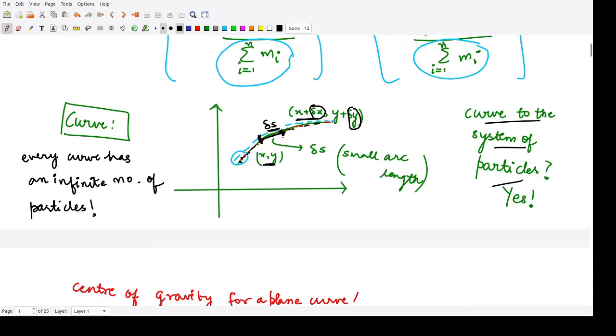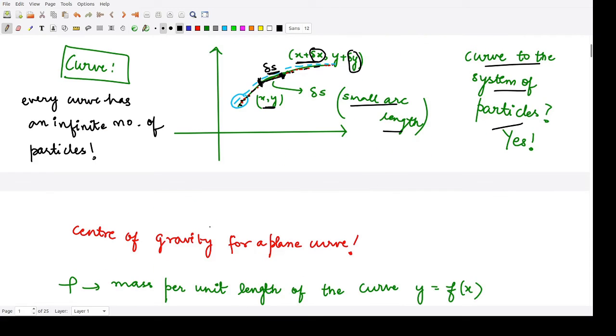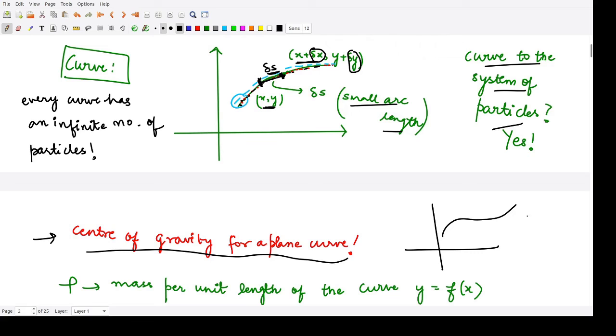So these are the two points, and delta s is the small arc length. Next, to calculate the center of gravity for a plane curve, because the curve has different nature at different coordinates, its mass would also be different at different points. So we say this curve would have the mass defined like this.